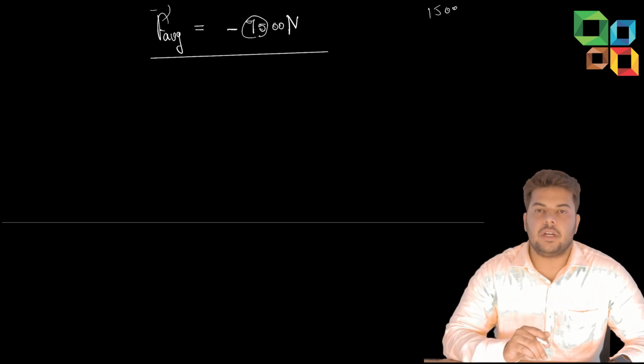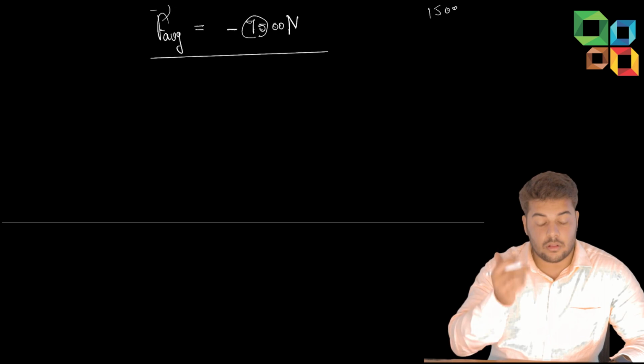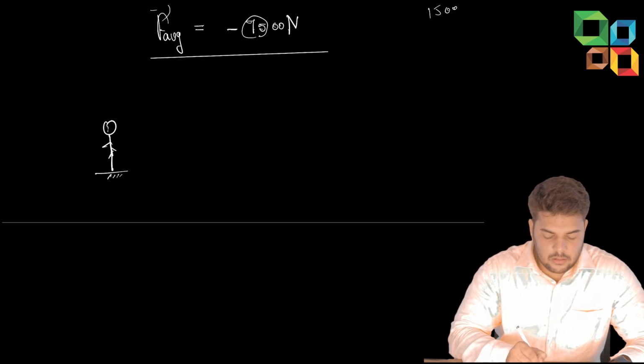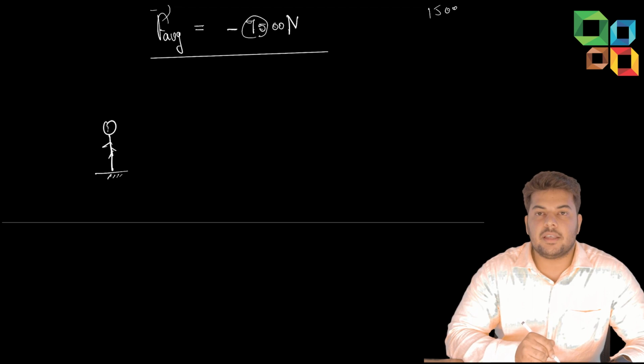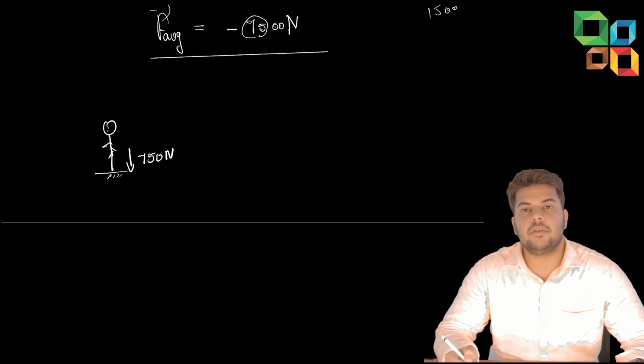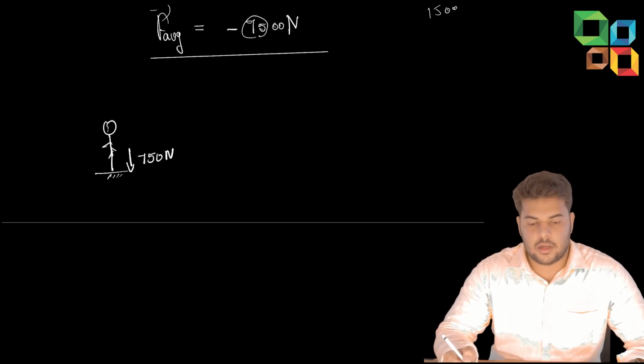Suppose you weigh 75 kgs. All right. So the force that you would be exerting on the ground, so this is you. The force that you're exerting on the ground would be 750 Newton. All right. So that's the force that you exert on the ground.